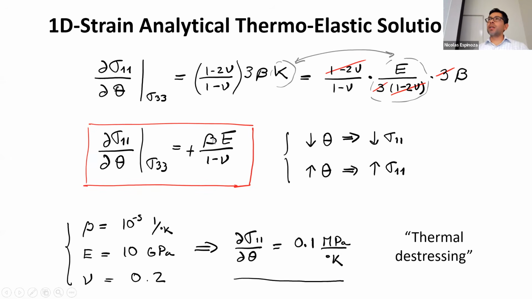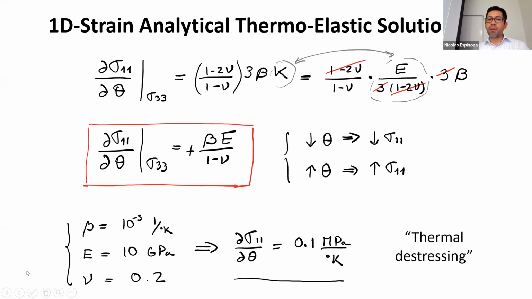And that's, as you can expect, proportional to the thermal dilation coefficient, proportional to the Young modulus of the rock. The stiffer the rock, the more thermal stress you're going to change, and it also depends on the Poisson ratio. So if we lower the temperature, the horizontal stress is going to decrease. If you increase the temperature, the thermal stress is going to increase.